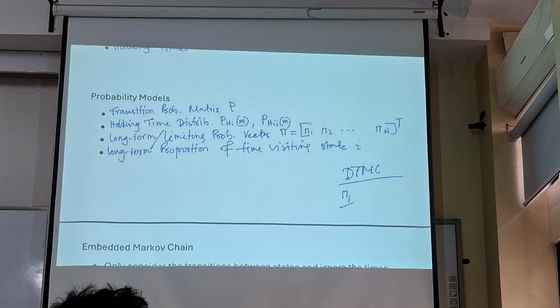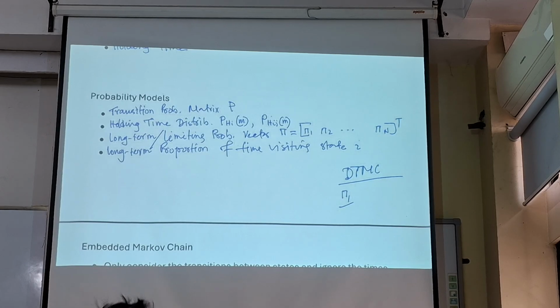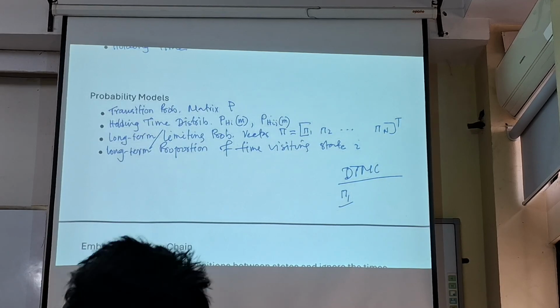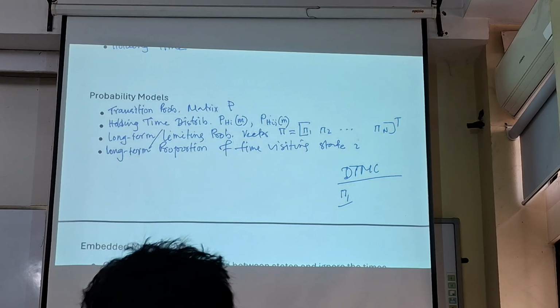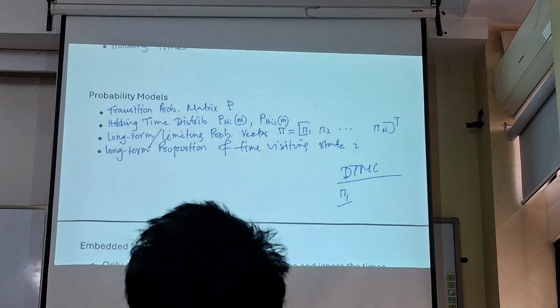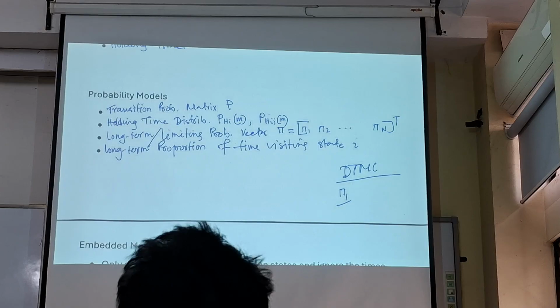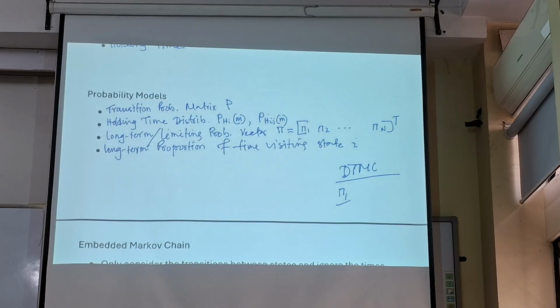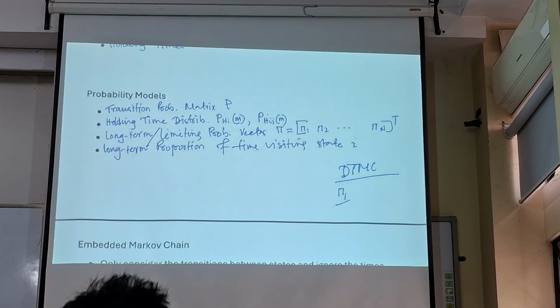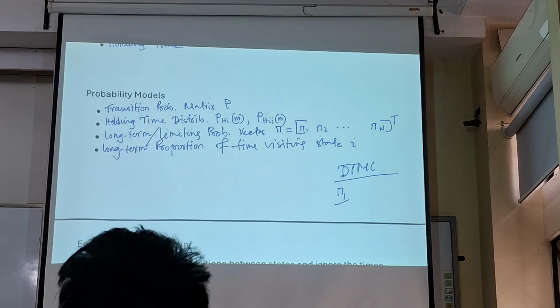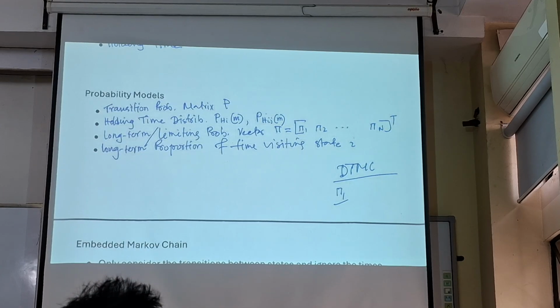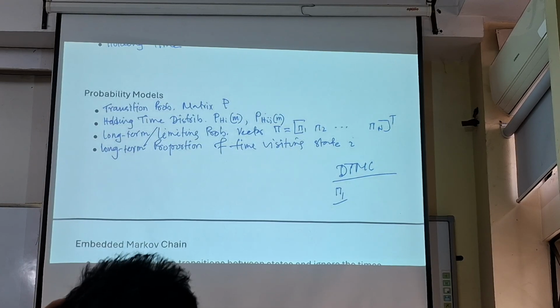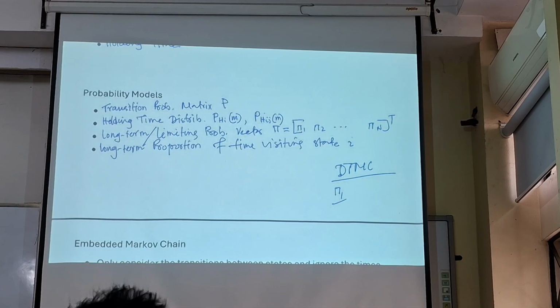Pi I. There are two quantities, though. One is, in the long run, the frequency of visiting state I. That means if there are 1 million transitions, how many times will the process visit state I, or leave state I? Visiting state I and leaving state I are the same.